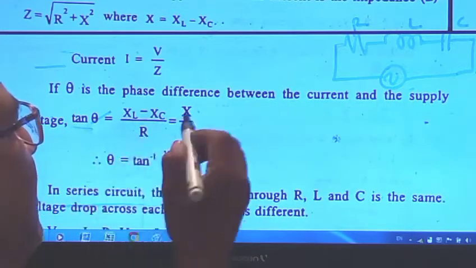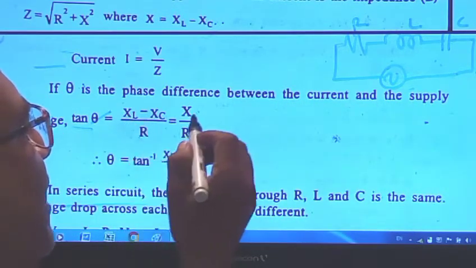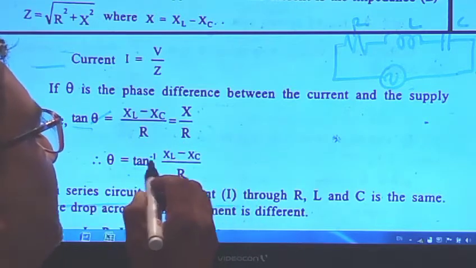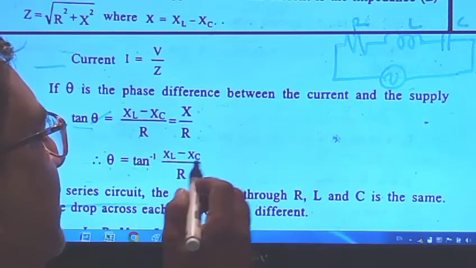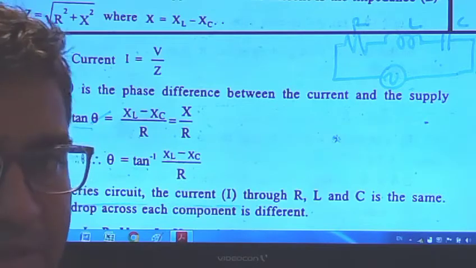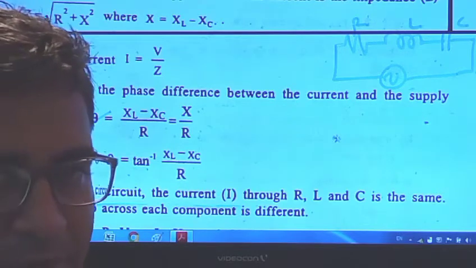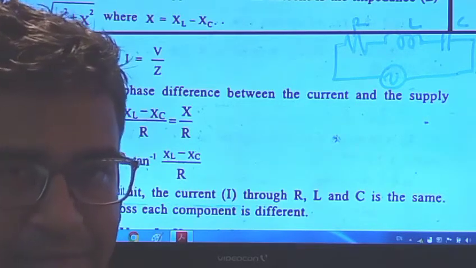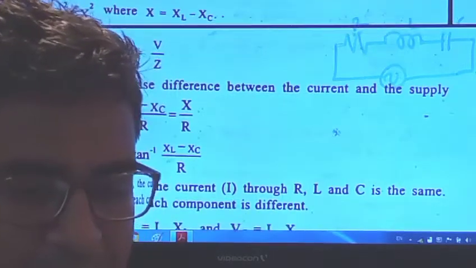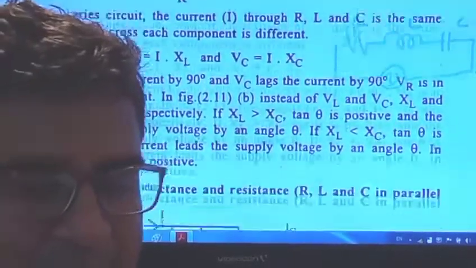Tan theta is equal to XL minus XC by R, therefore theta is equal to tan inverse of XL minus XC by R. This is the phase angle. In a series circuit, the current I through R, L and C is the same.